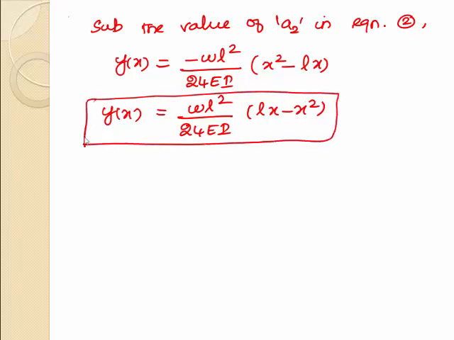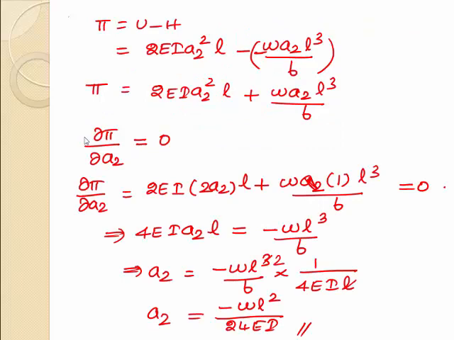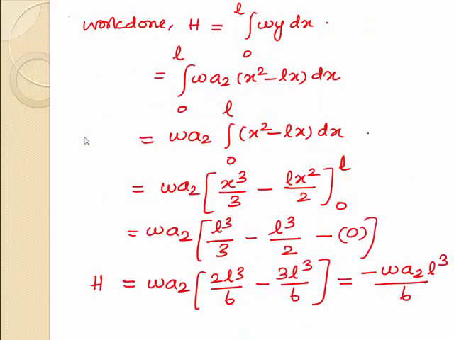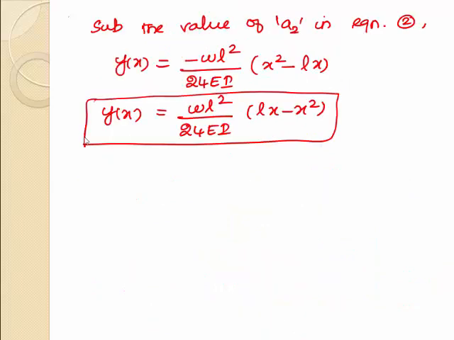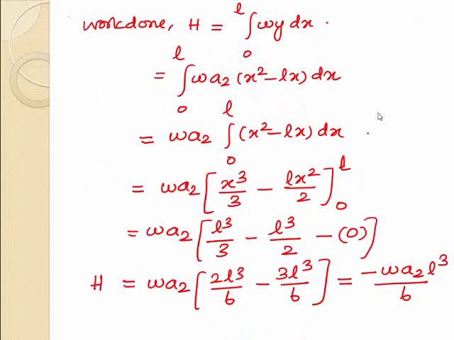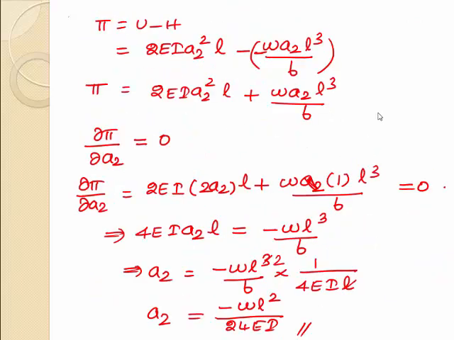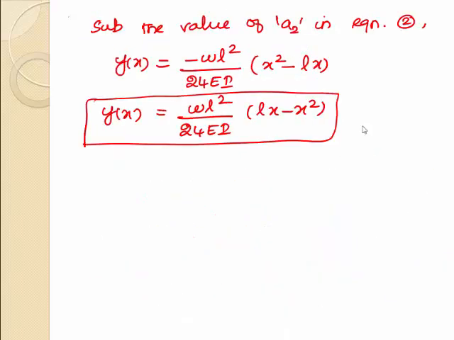So this is the expression for the deflection experienced by the beam, simply supported beam, when it is subjected to UDL throughout its span. Okay, so this is equation number 5. But in the problem it is asked to find out the deformation at the midspan.